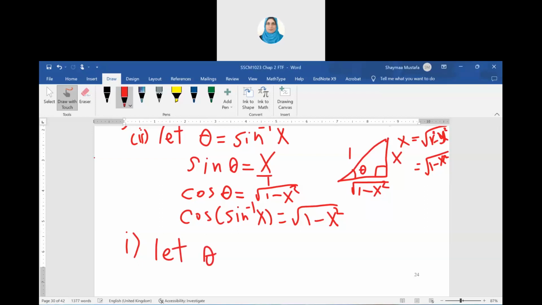I will assume theta is equal to sine inverse x. What do we mean by that?